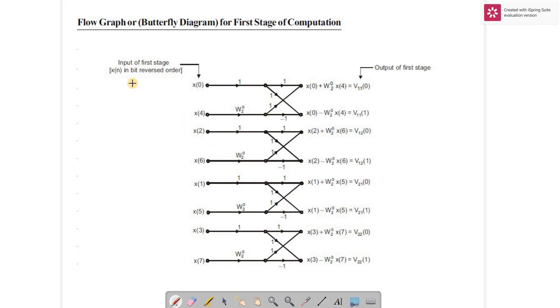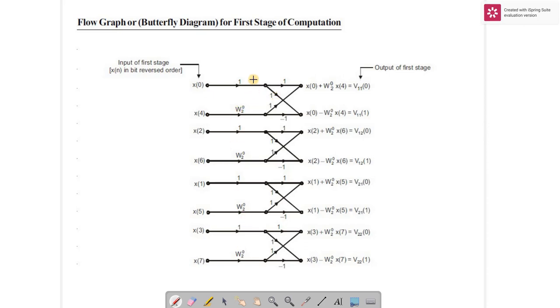We'll see now the flow graph or butterfly diagram for first stage computation for performing 2-point DFT. Initially we will be proceeding with the bit reverse order. As I said, these two lines are paired. We have a twiddle factor W2 power 0 for the entire structure.